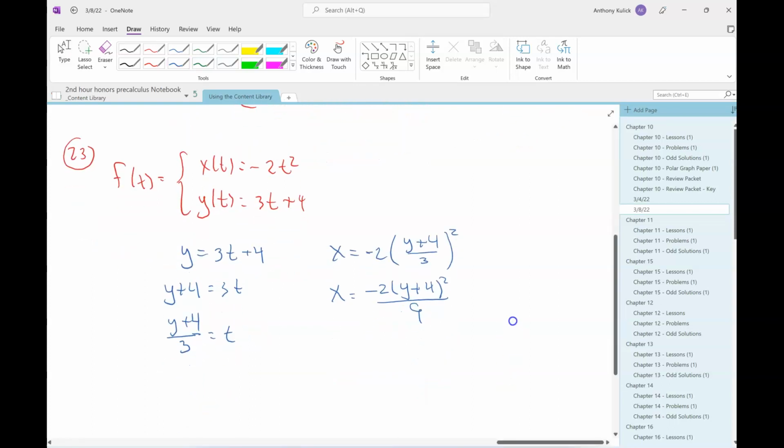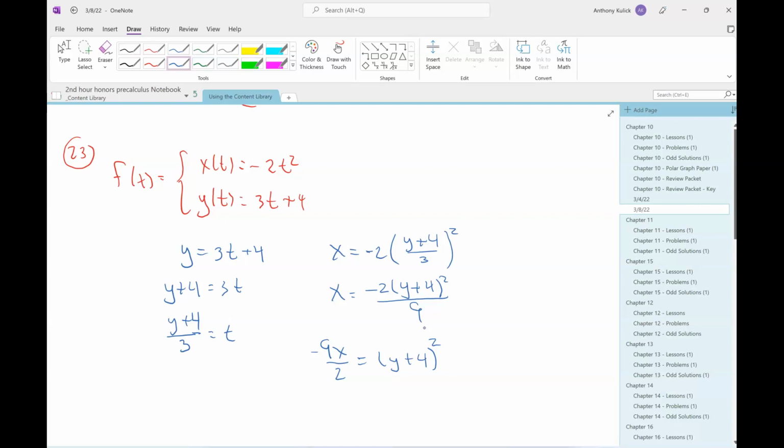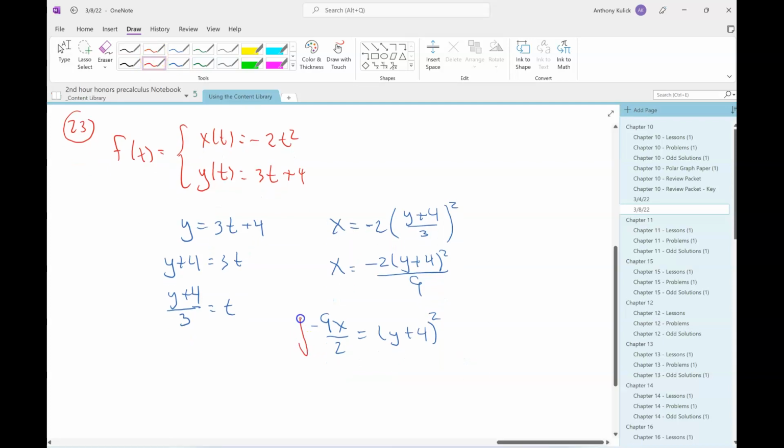Okay. So what I'm going to do now is get the y by itself. Is that okay? So I'll start by multiplying both sides by -9/2. So far, so good. Then I'm going to square root both sides to get rid of the squared.